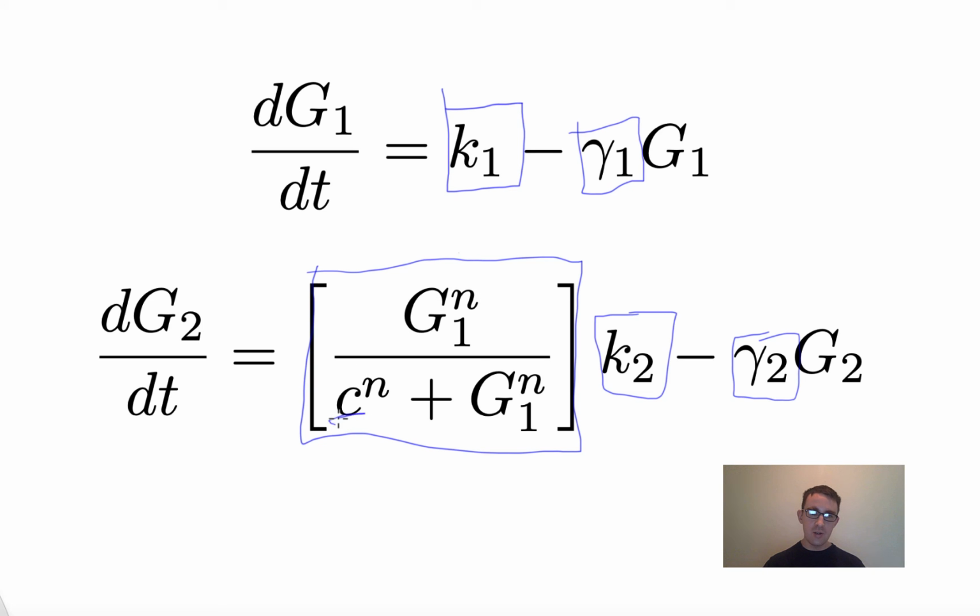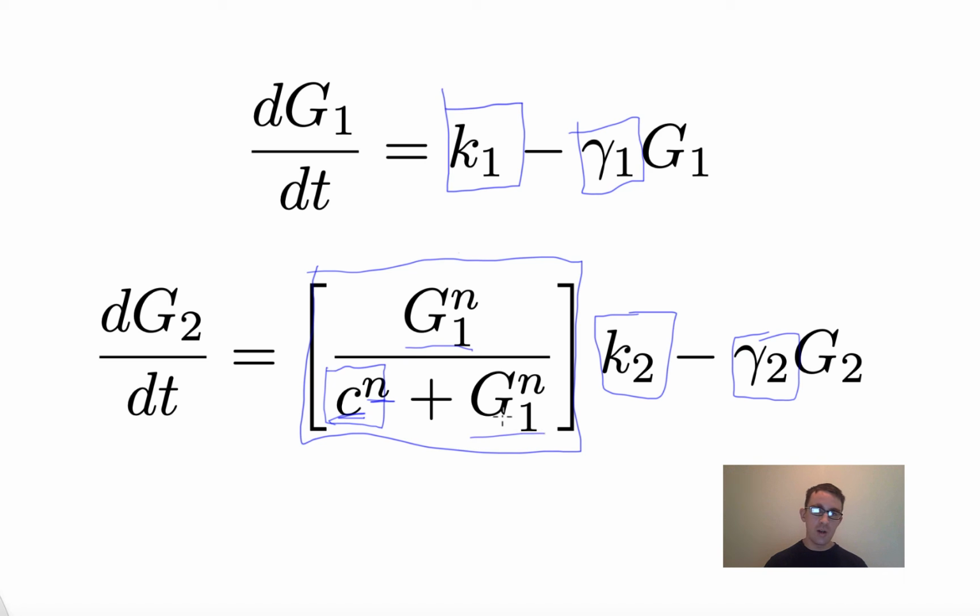C is just some constant, and N is just some fixed constant that everything is being put to the power of. So basically, this whole term is just a constant being put to another constant power. But then we have gene 1 here.